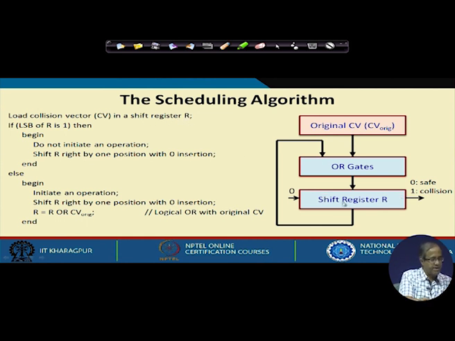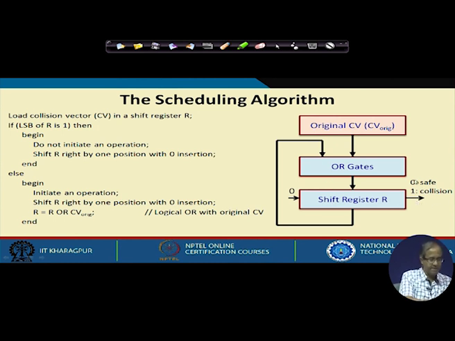Now, at every point in time I do a right shift where I feed a 0, and I check whether a 0 is coming out or a 1 is coming out. If a 1 is coming out, which means that the next time instant is forbidden, you cannot feed data at that time. So, if the LSB, the last bit that is coming out, is 1, then do not initiate an operation, simply shift the register by 1 bit with 0 insertion, and in the next clock cycle, again check whether you are allowed to feed or not, right.